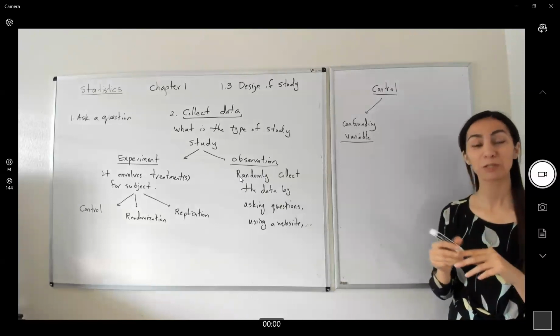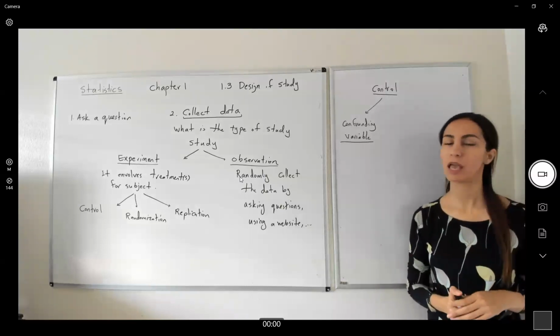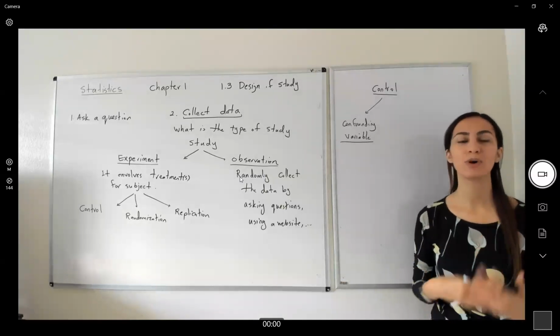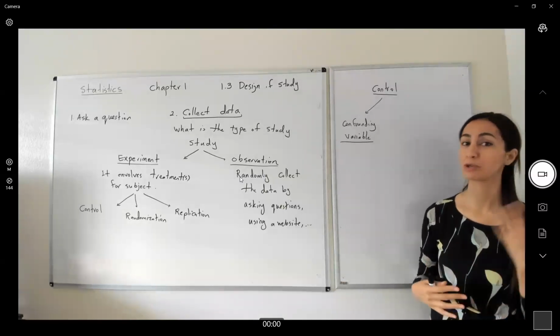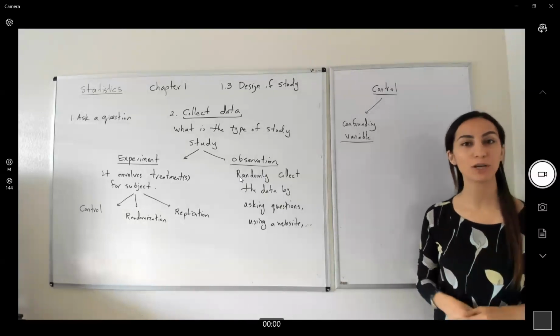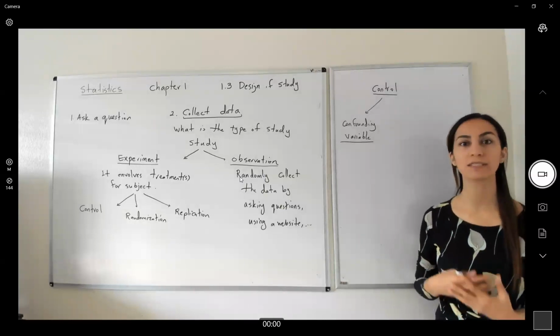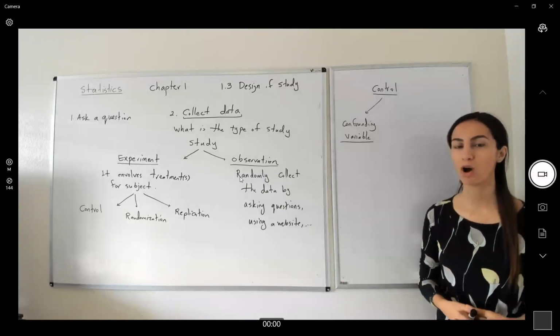For example, suppose you have a coffee shop and you say, hey, I'm going to make new decorations. I'm going to change the color of my coffee shop to attract more customers. At the same time, there is this new mall next to your coffee shop.